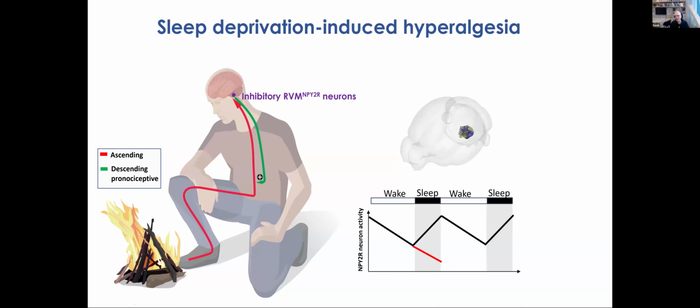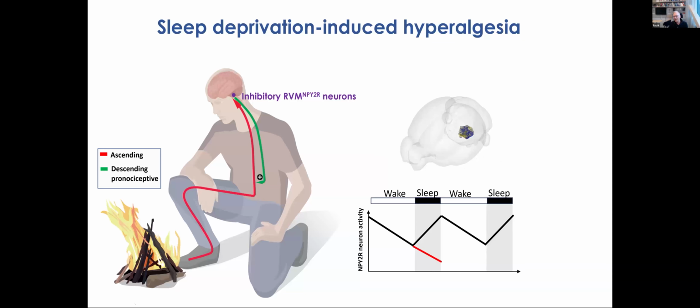And as I already alluded to, these neurons are decaying in activity with increasing sleep pressure. We quantify these, of course, during sleep deprivation, and we think that the activity of these neurons drops during wake time, and that sleep deprivation is just a continuation of that decay in activity.